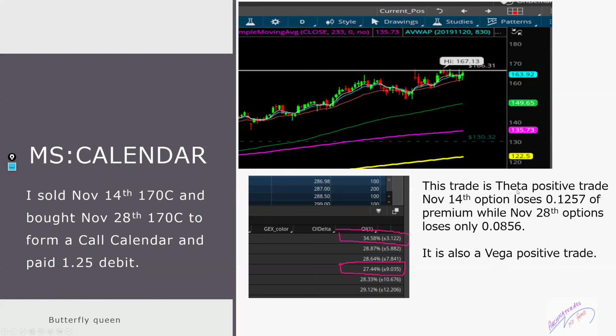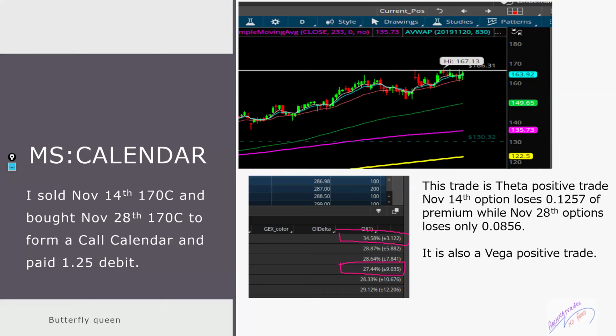Okay, so you can see that the November 14th option loses 0.1257 of the premium every day versus the November 28th option, which loses only 0.0856. So it is a theta positive trade. Because this is a call calendar, every day that Morgan Stanley doesn't fall big, I'm making money.